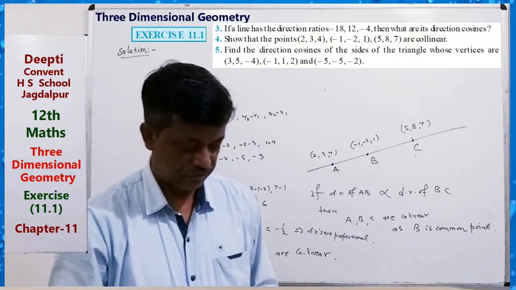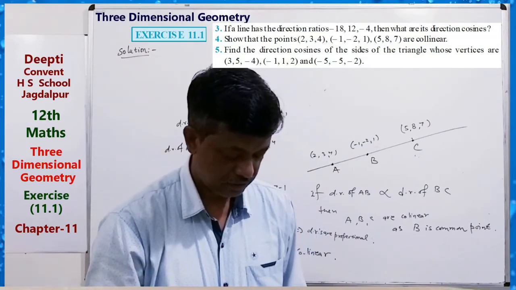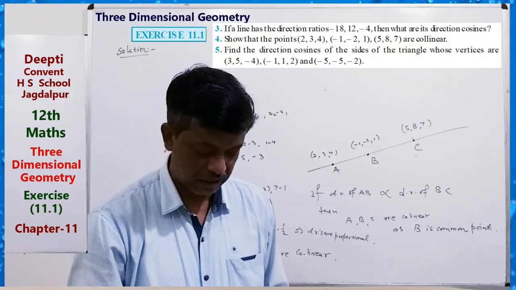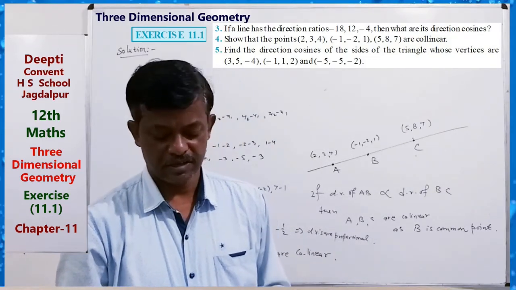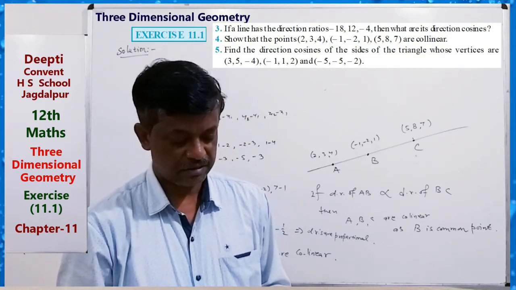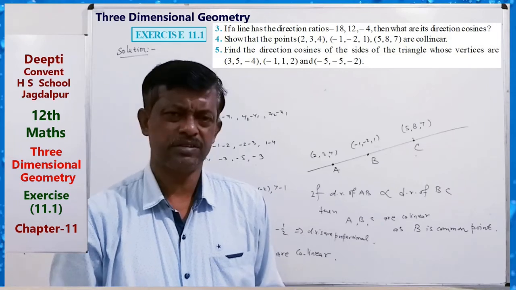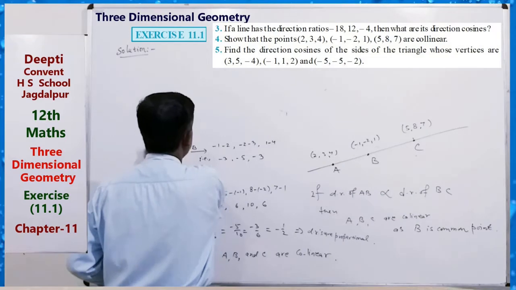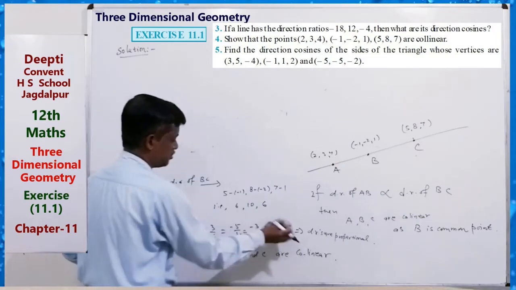Now question 5. Find the direction cosines of the sides of the triangle whose vertices are given like this. So it's simple, because they are just given like this.